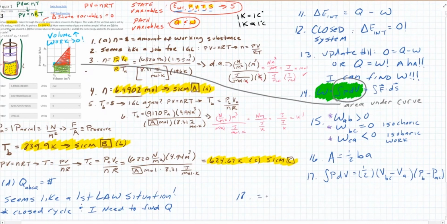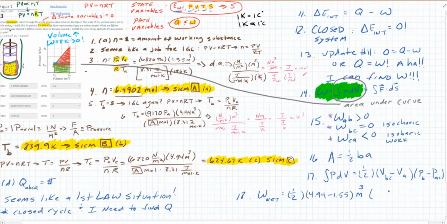So let's do that. The net work done is equal to 1/2 times VBC, which for my numbers was given as 4.94, minus VA. VA was also given as 1.55. They share the common units of cubic meters, which is the unit of volume. So I'm just going to pull it out as a common factor, times the pressure difference.